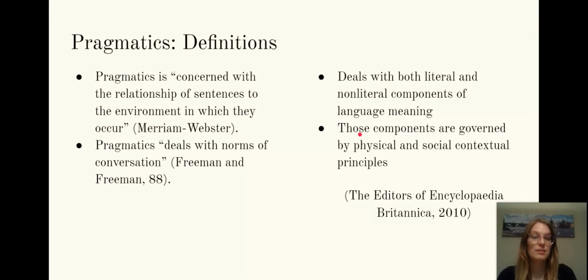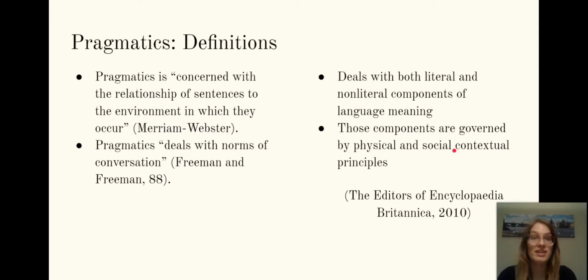So these components, the literal and non-literal components, are governed by both physical and social contextual principles. It's about the context, both where it's happening, the physical, and the social. Who am I talking to? What is our relationship? Is this person I'm speaking to old or young? Is it my boss? Is it my parent?